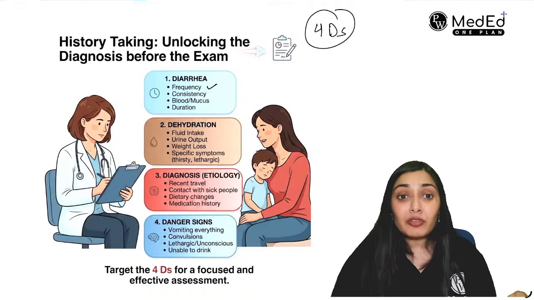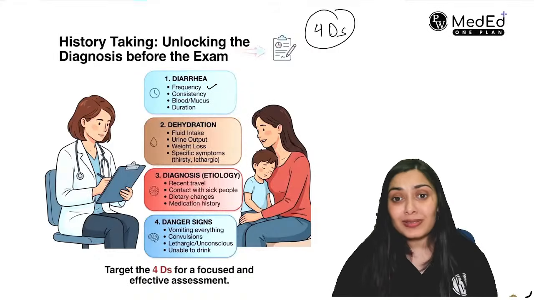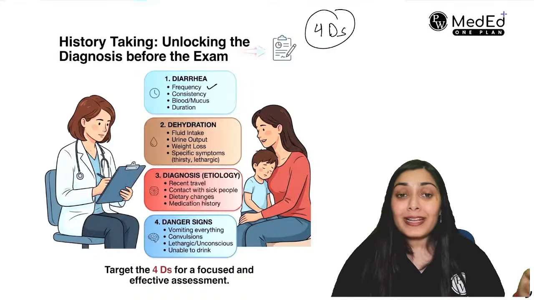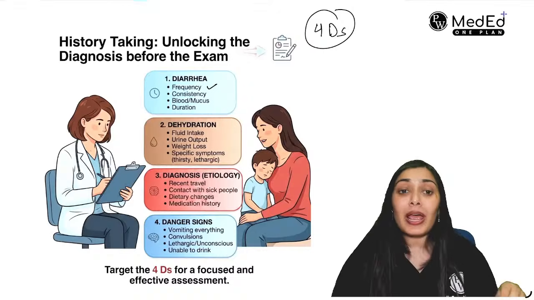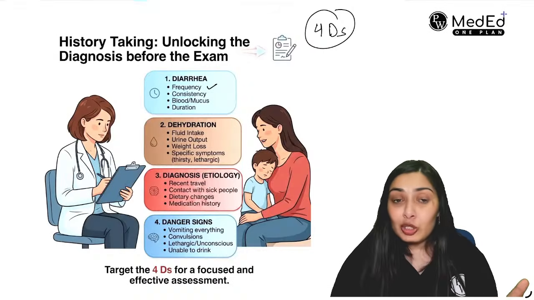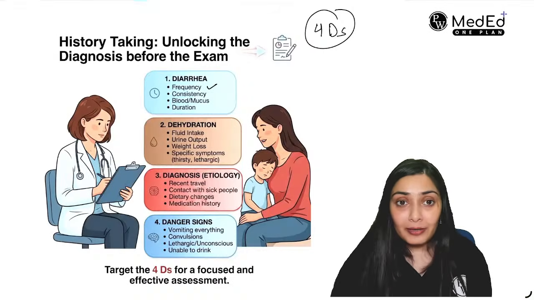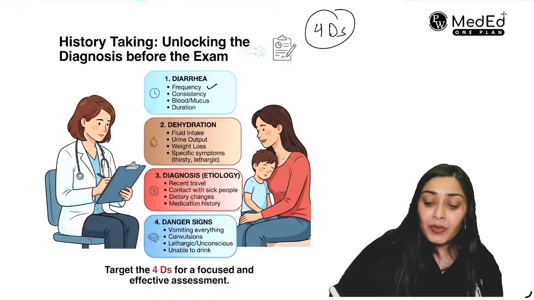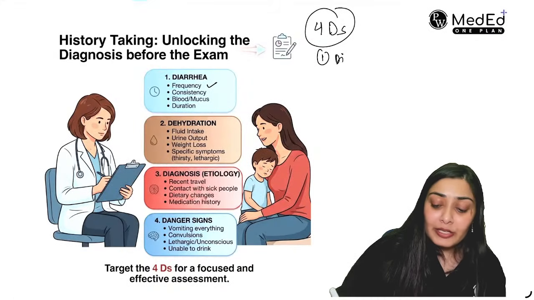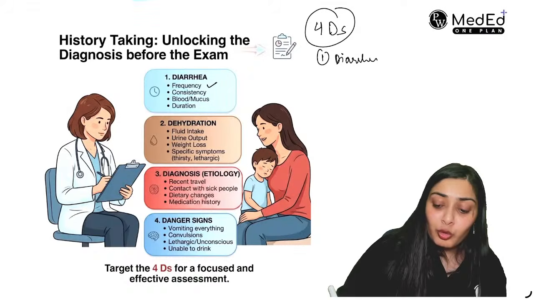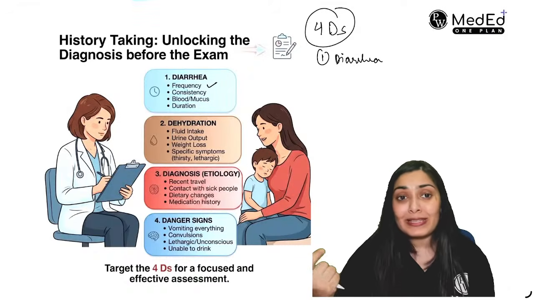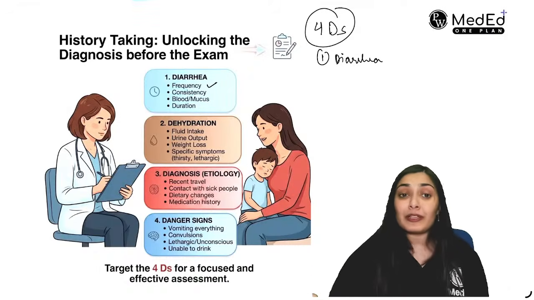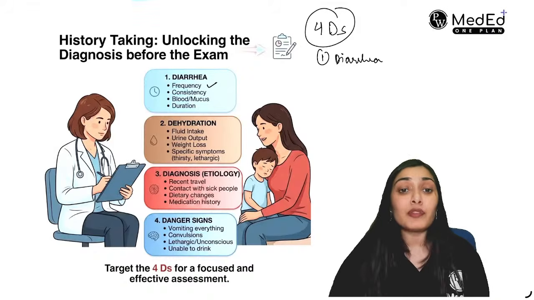Consistency basically, whether this stool has blood or mucus in it, that could point towards dysentery or intussusception, and the duration, whether this is an acute diarrhea, whether this is a chronic diarrhea. So the first D was taking the history about diarrhea: frequency, consistency, presence of blood or mucus, and the duration.